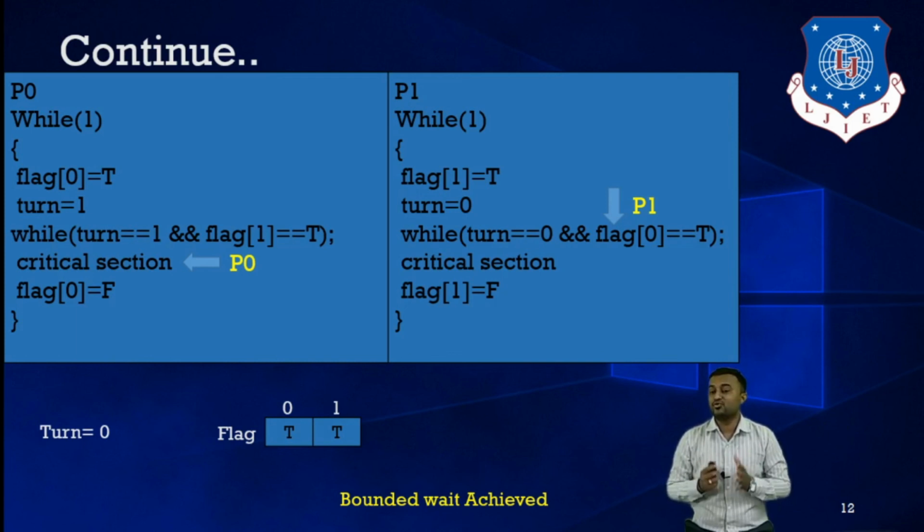For that, if you want a valid solution for n processes, we need to go for semaphore. We will see that in the upcoming session, but keep these things in mind. Peterson solution is a valid solution, but it is valid for two processes only.